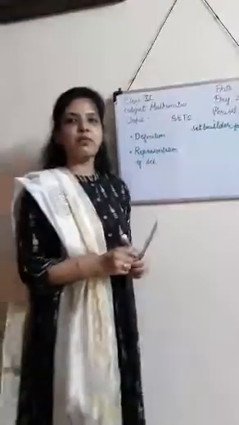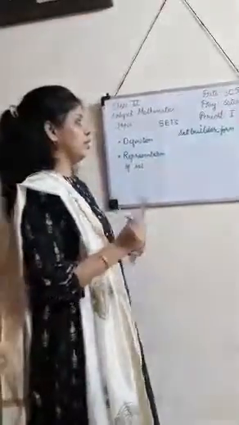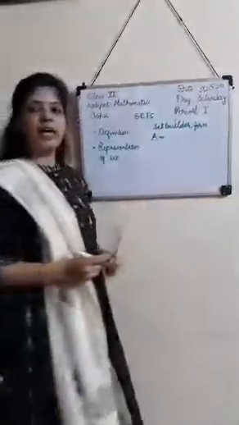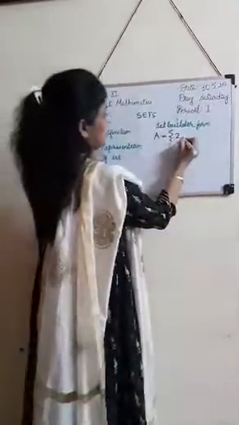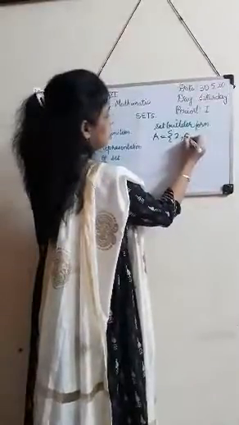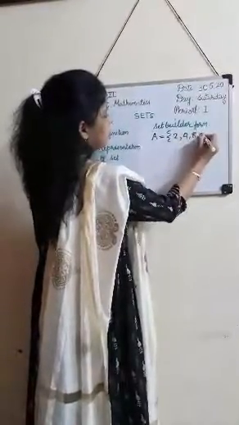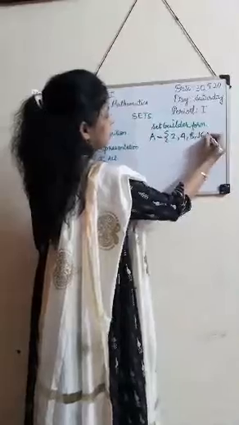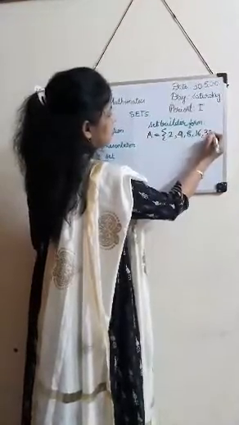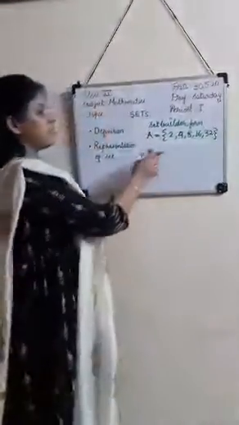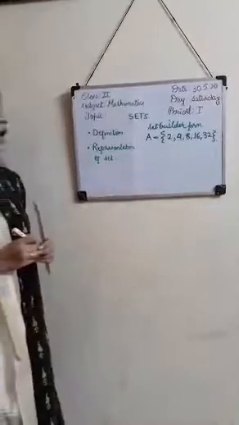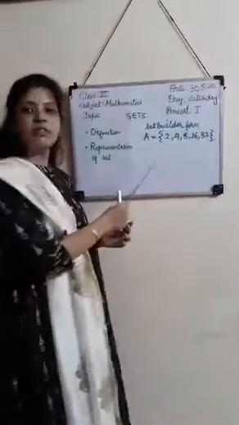Take another example for set builder form. Suppose A is a set, this is set A. Now how do we write it in set builder form?